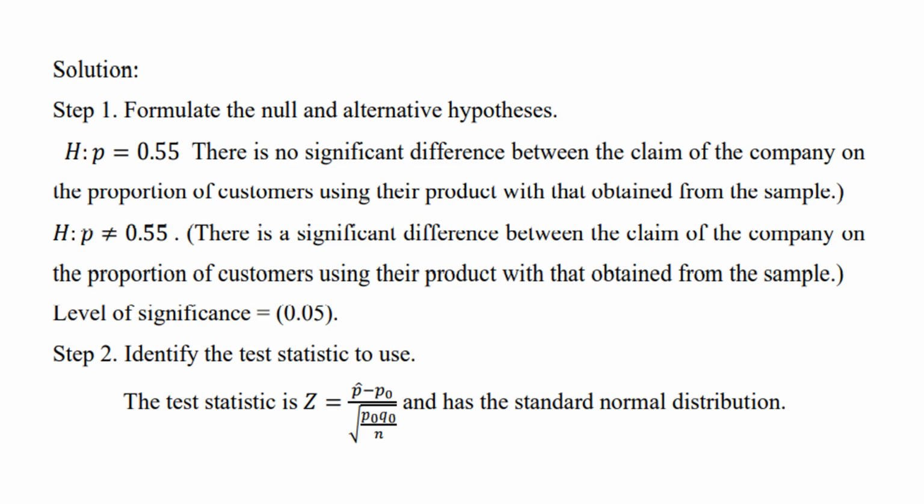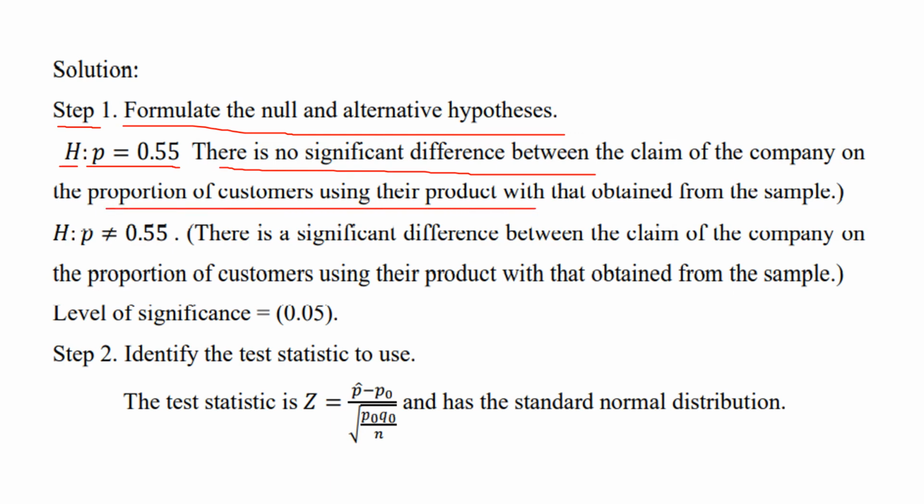So for our solution, let's start with step number 1. It's about formulating the null and alternative hypotheses. Your H0 now here, your P is equal to 0.55, meaning to say that there is no significant difference between the claims of the company on the proportion of consumers using their product and that obtained from the sample. As you can see, there's an equal sign here.